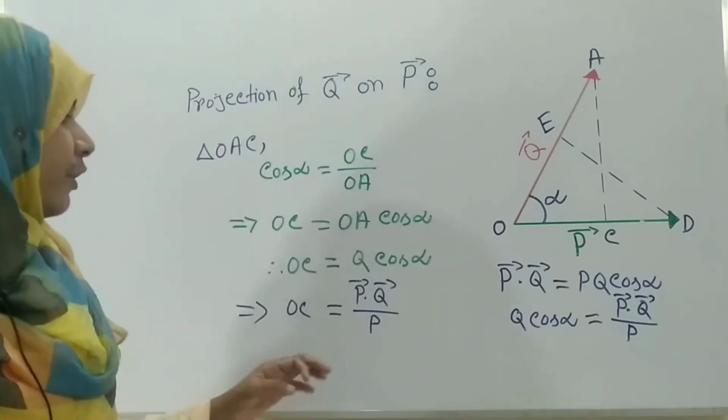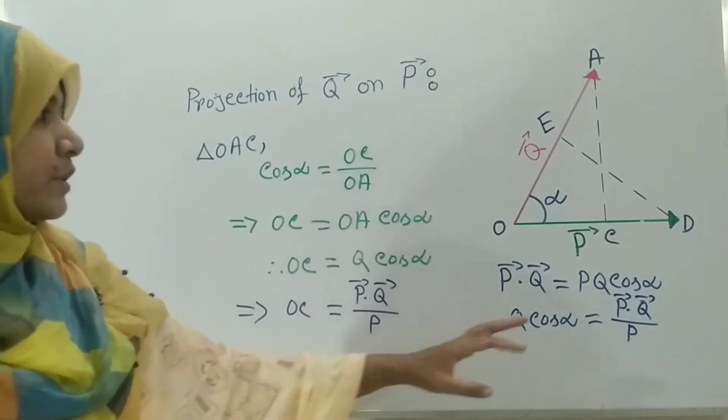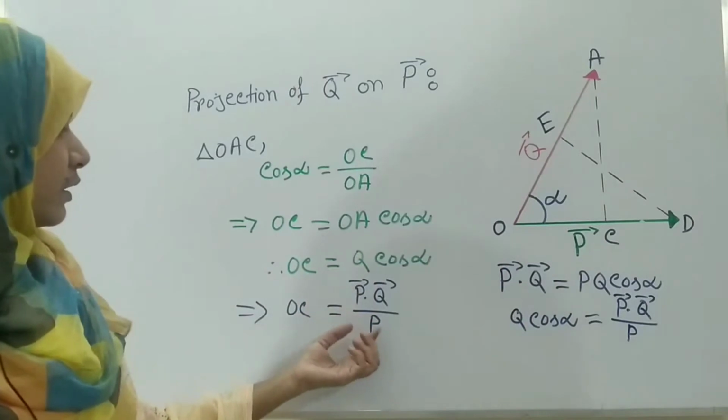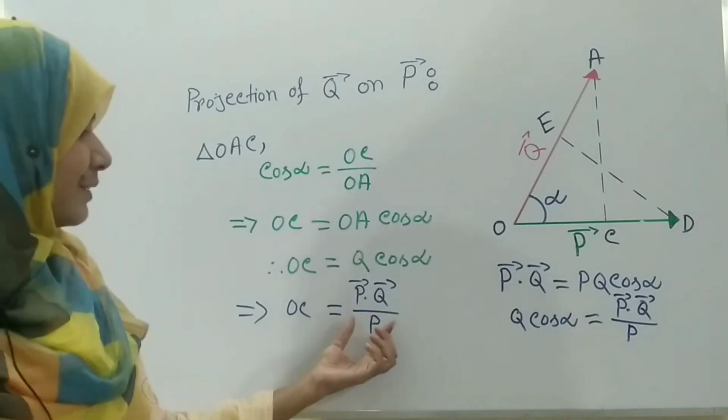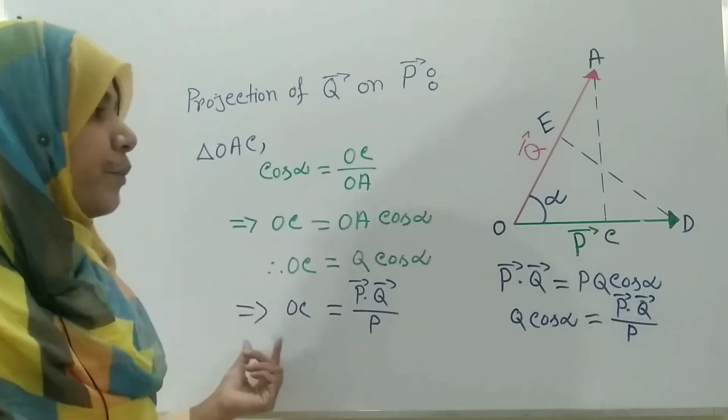So now from this equation you can see that OC, the projection of vector q on p, is p dot q by p, and this only indicates the magnitude of projection.